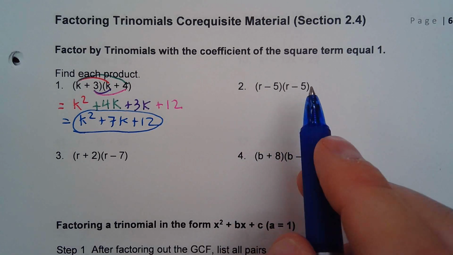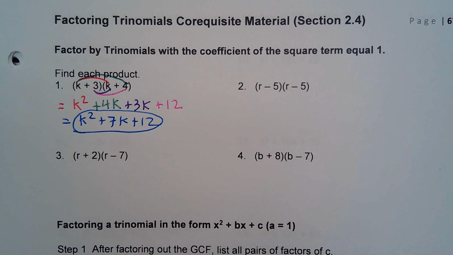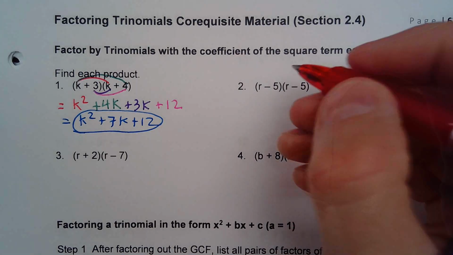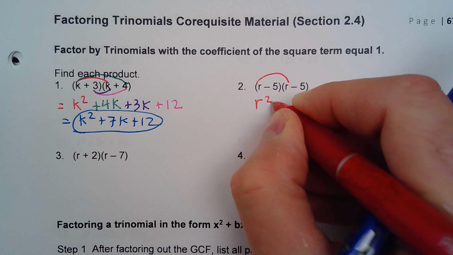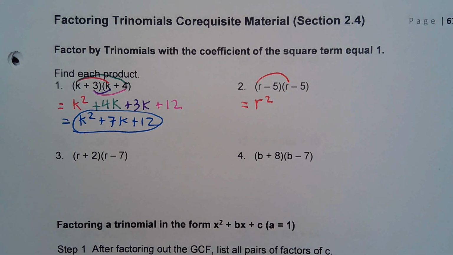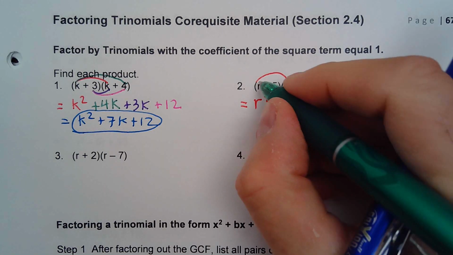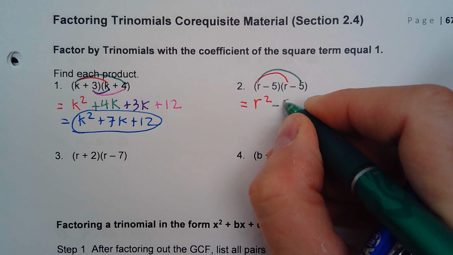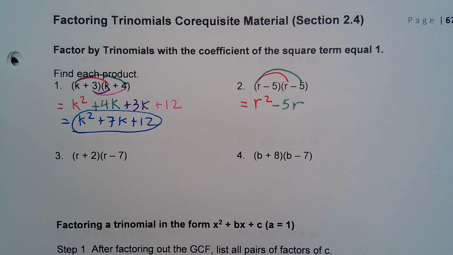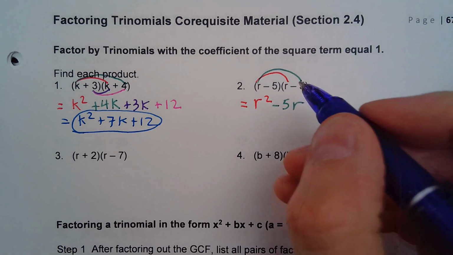So we get k squared plus 7k plus 12. Let's look at this next one. So again, I'm going to be doing the same thing. I'm going to take the product of the first, r times r, gives me r squared. Then I'm going to do my outers. So minus 5r. Then I'm going to do my inners.